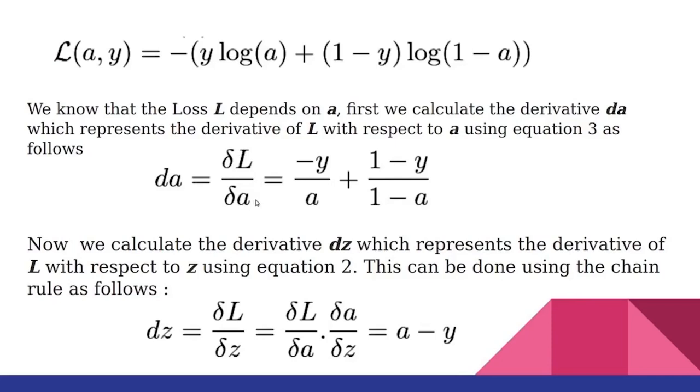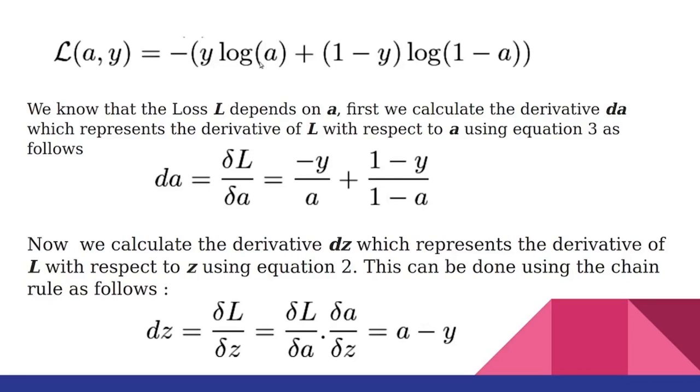And now this is equal to, let us look at our loss function. If we want to take the partial derivative with respect to A, we have y as a constant. So looking at only the inside term, we have 1 by A into y, plus 1 minus y, which is a constant here, into 1 divided by 1 minus A into the derivative of the inside term, which is minus 1, using the product rule and the property that the derivative of log x is 1 by x with respect to x.